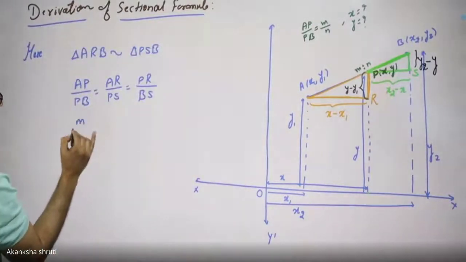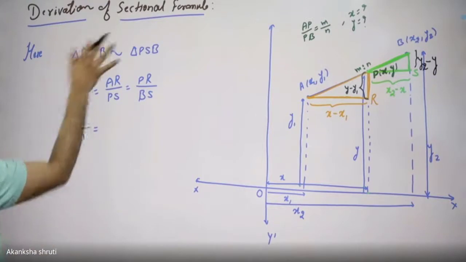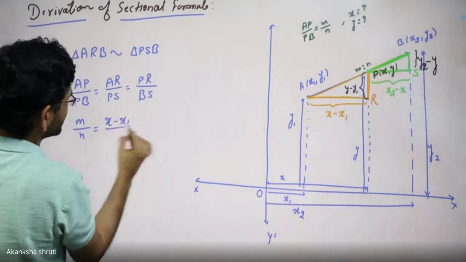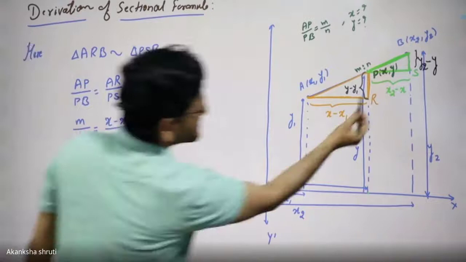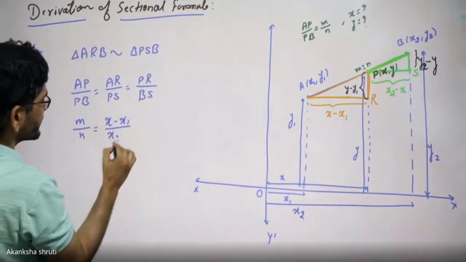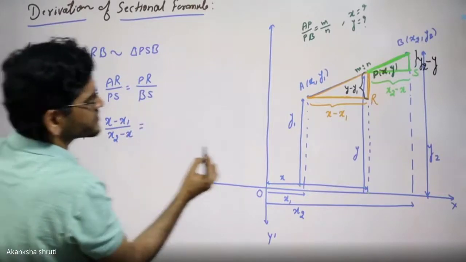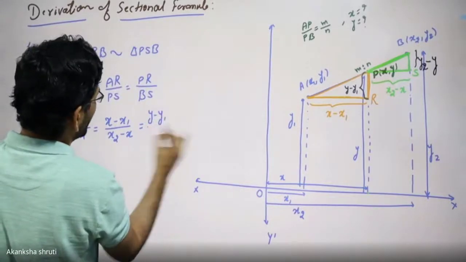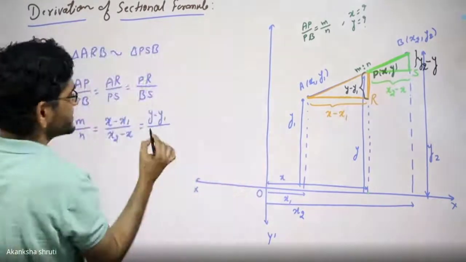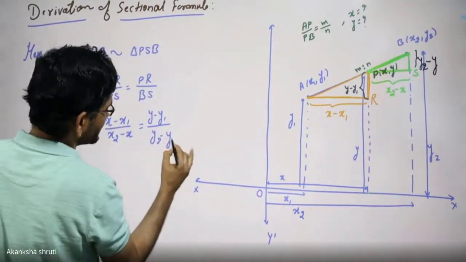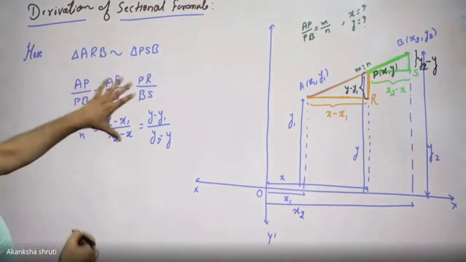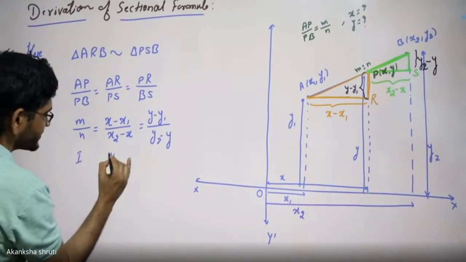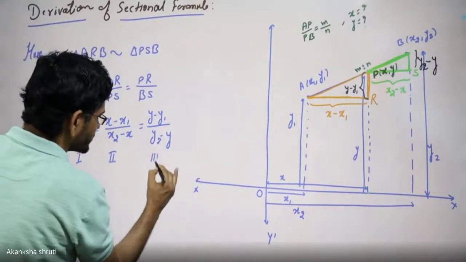So AP is to PB is our M is to N, which is the requirement for the sectional formula, and AR is our X minus X1 divided by PS, which is our X2 minus X. This is equal to the perpendicular, PR is our Y minus Y1 divided by BS, which is Y2 minus Y. Students, we have learned in an earlier chapter, these two equal signs mean we have three ratios, and from these three ratios we can get two equations.